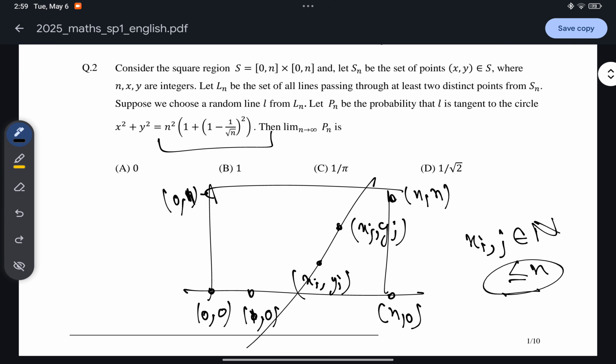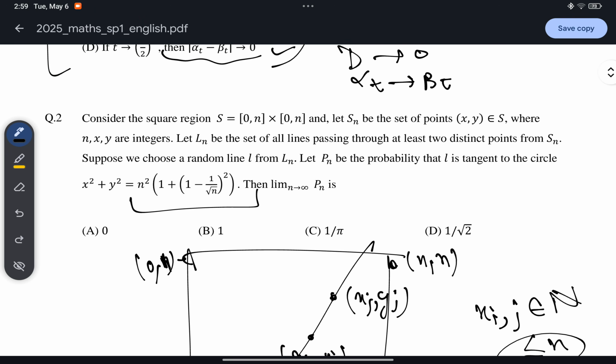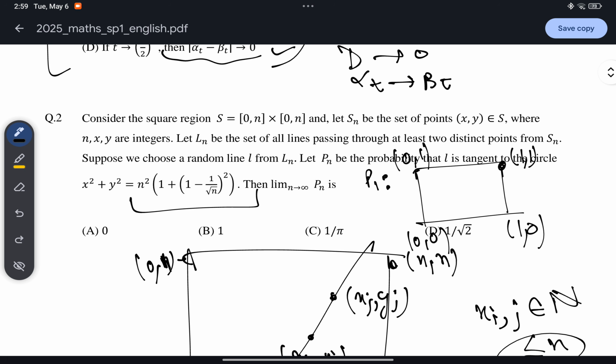For this question, first we need to actually put in some values that would help us a lot. When I try to find P_1, I'm talking about this square, which is (1,1), (0,1), (0,0) and (1,0), and when I take the radius, this shall be 1. So this should be the circle, and I would have this as a tangent and this as a tangent.